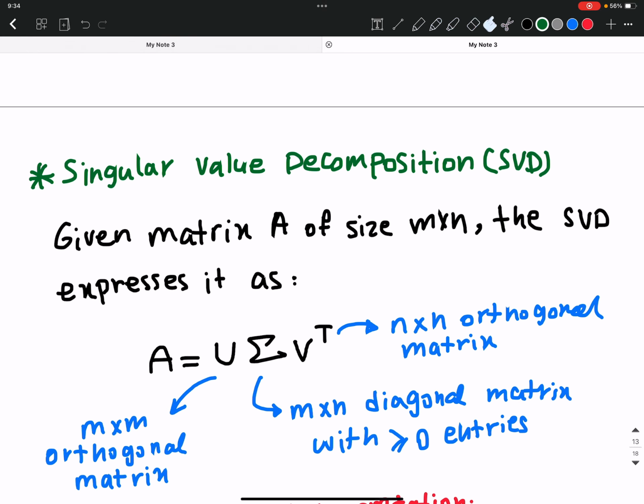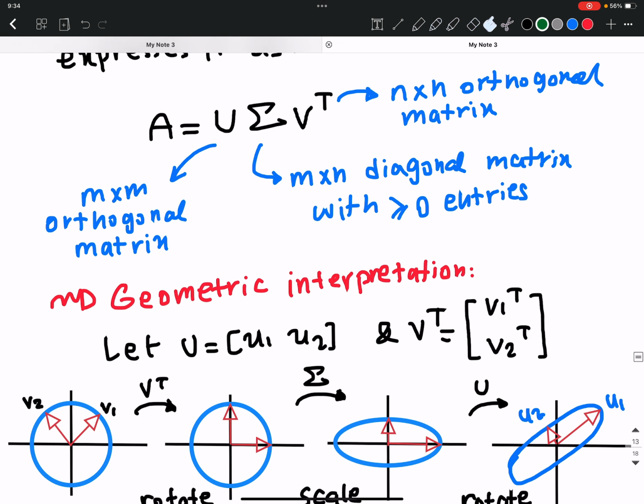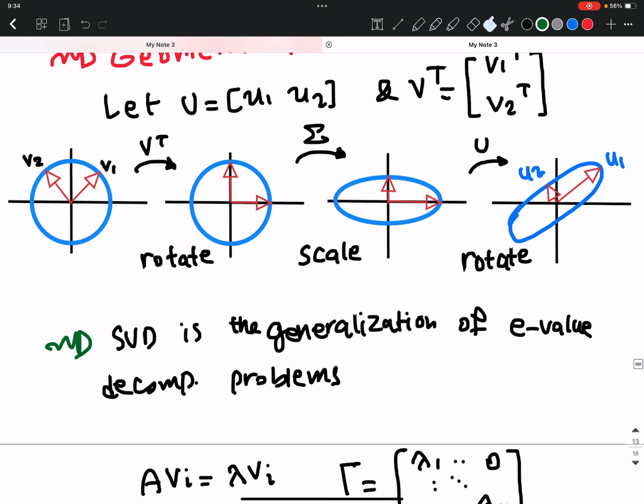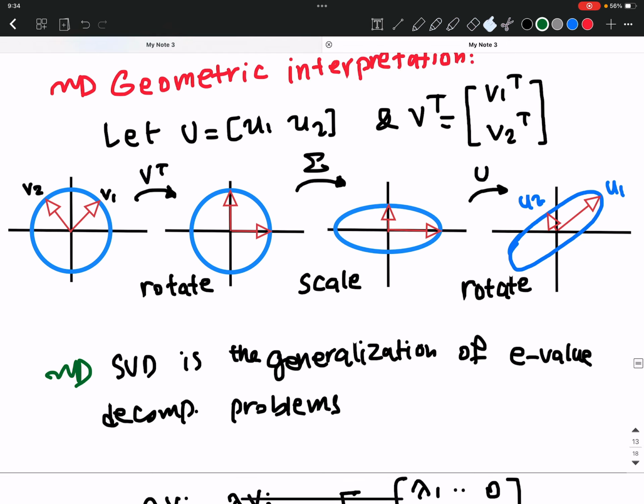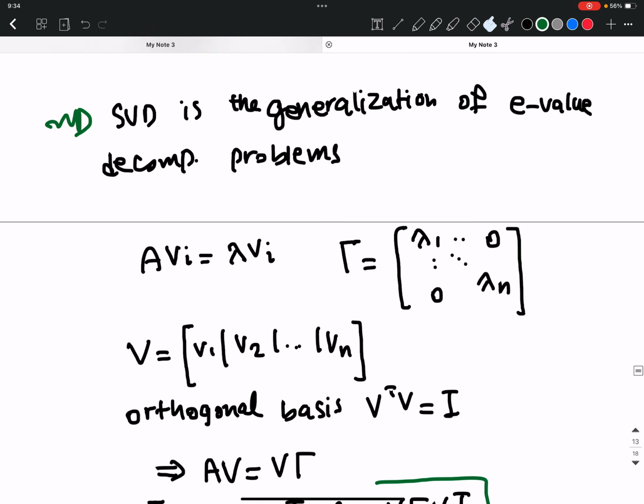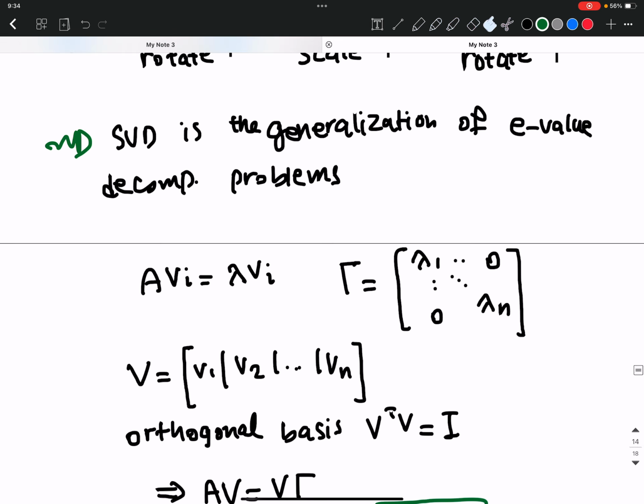Given a matrix A of size m times n, the SVD expresses it as follows. SVD is basically a rotation, rescaling, and again rotation in space. It's a generalization of the eigenvalue decomposition problem, or EVD. Then we talked about EVD.